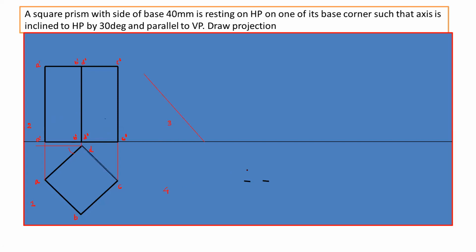Okay. So you should remember this sequence. So basically it is the inverted U. Okay. So this is first, second, third, and the fourth, or you can say this is a C, like this. Okay. So you should remember this sequence when the solid is resting on the HP.